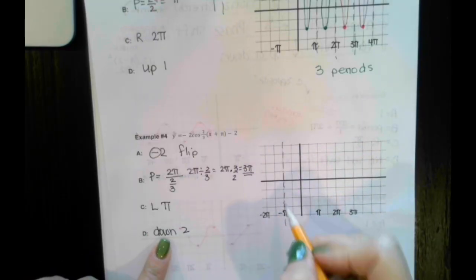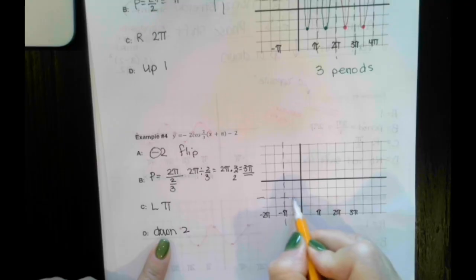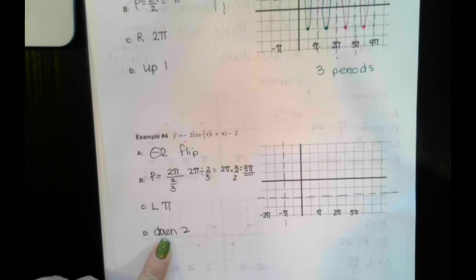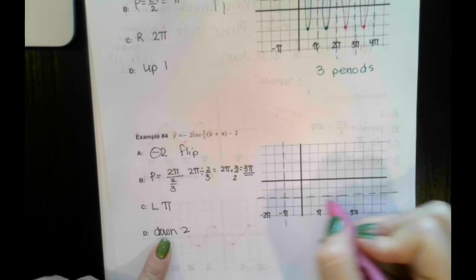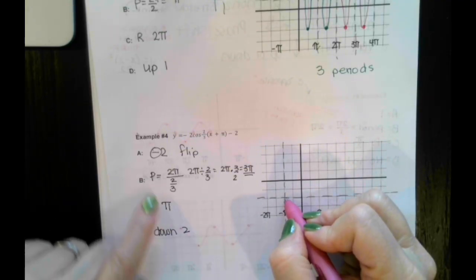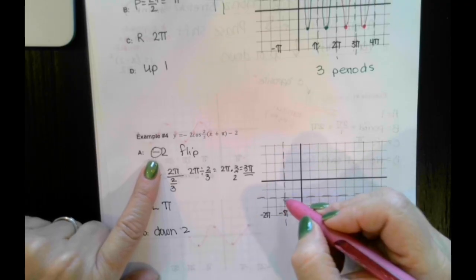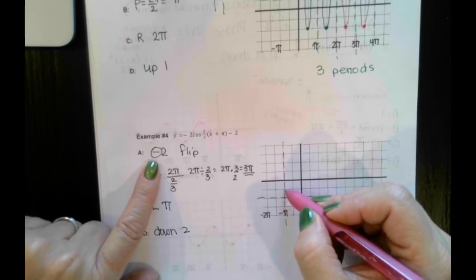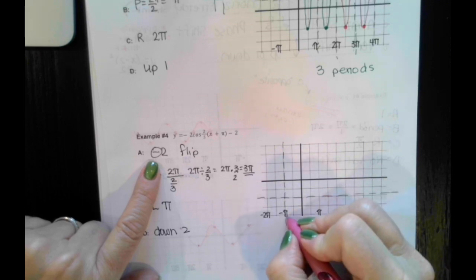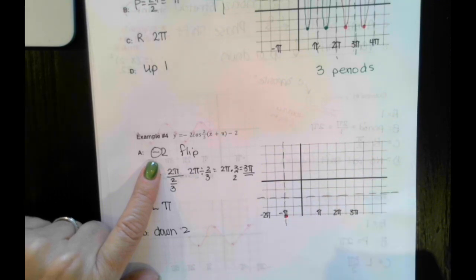And I'm going to go down by 2. So 1, 2. All right, so here's my new starting point. This is my new x-axis. Now, this tells me that with the cosine graph, I'm going to go down 2. So remember, normally with cosine, we go up 1, but this time I'm going to go down 2. So this is my new starting point.